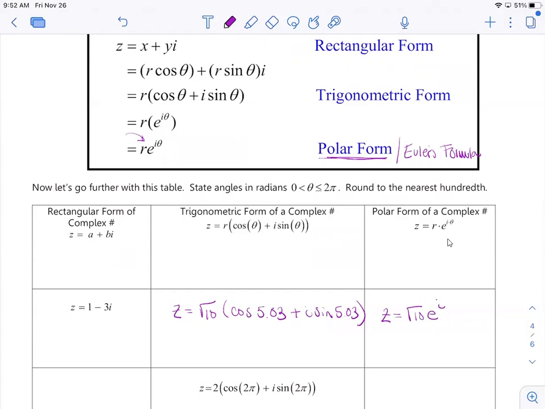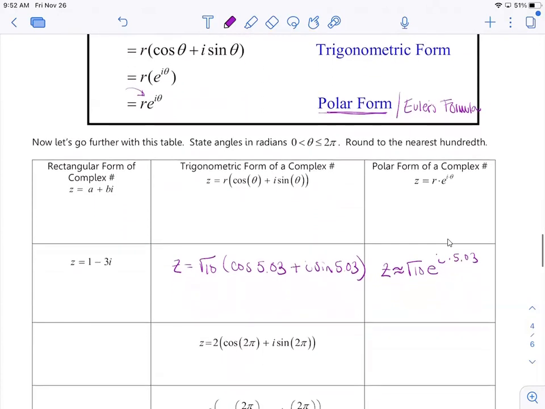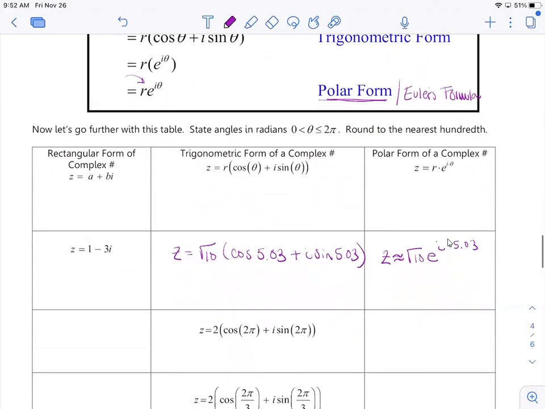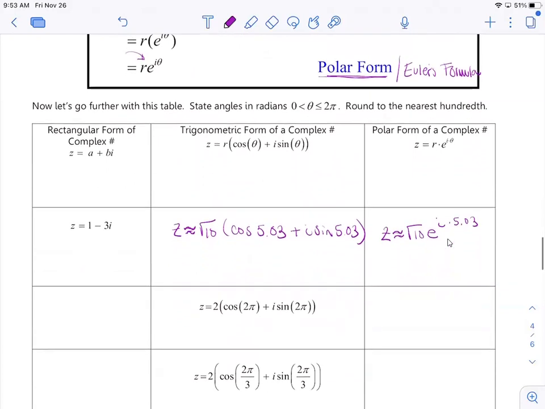But we also now know our theta, which is 5.03. In our last video, we'll see why it is important to know how to write it in this form. And again, I changed this to approximately, and I should do it here too, since I had to round.